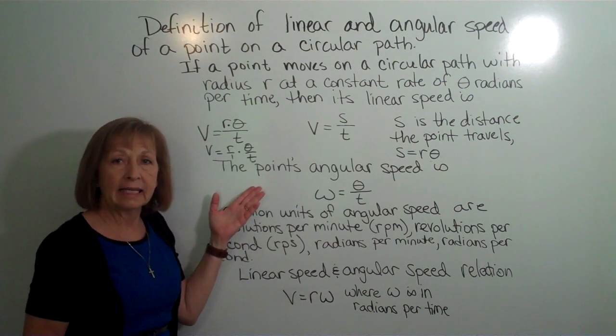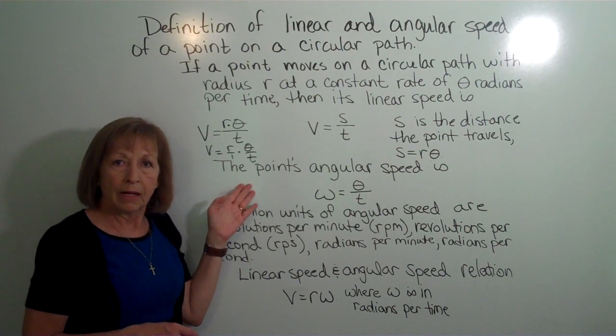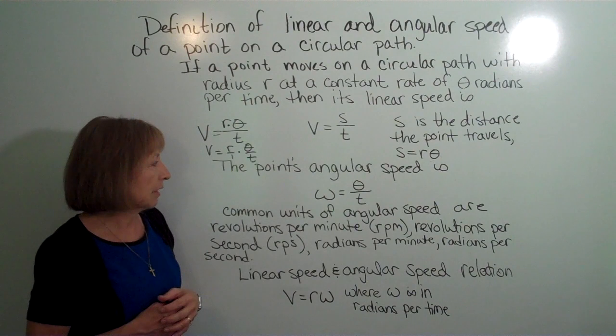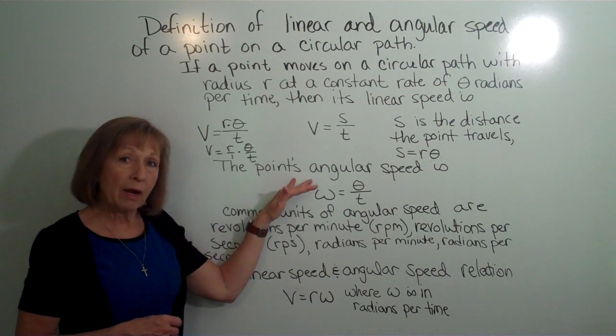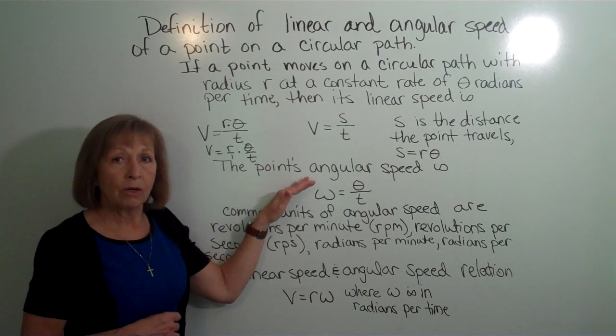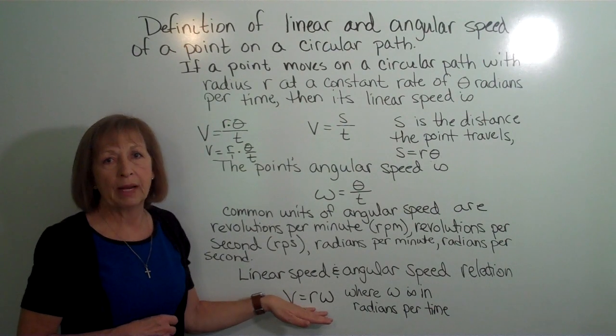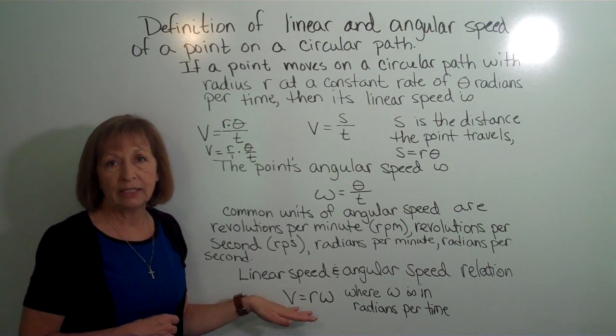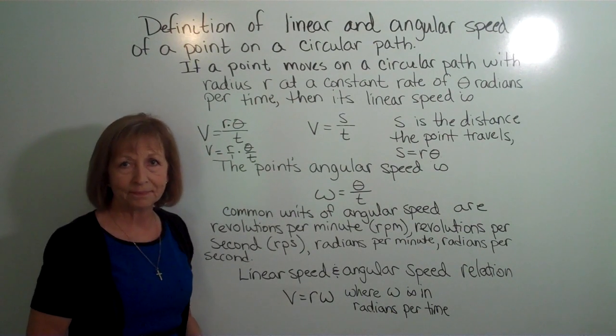They're just asking for an angular speed when they give me a unit that's not quite the units that we want. And then once we practice on that a bit, we'll do some applications where I am working with the connection between linear speed and angular speed.